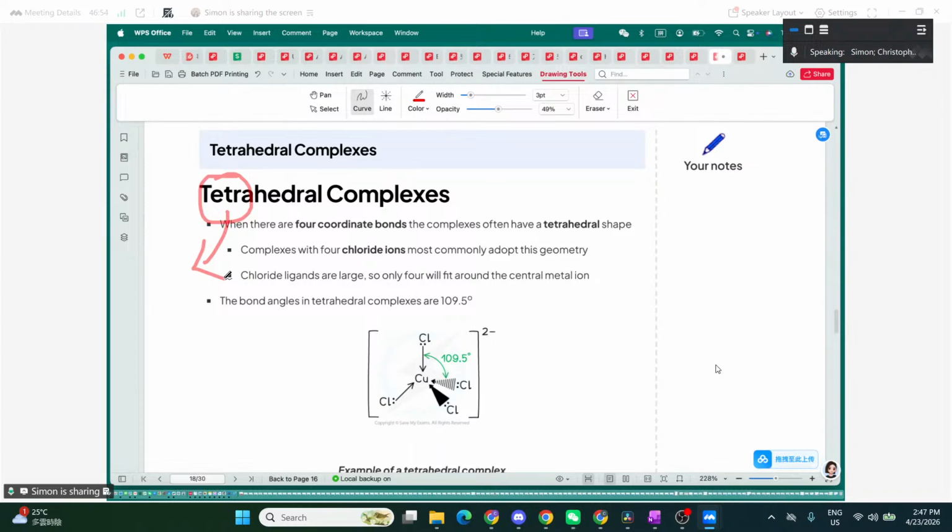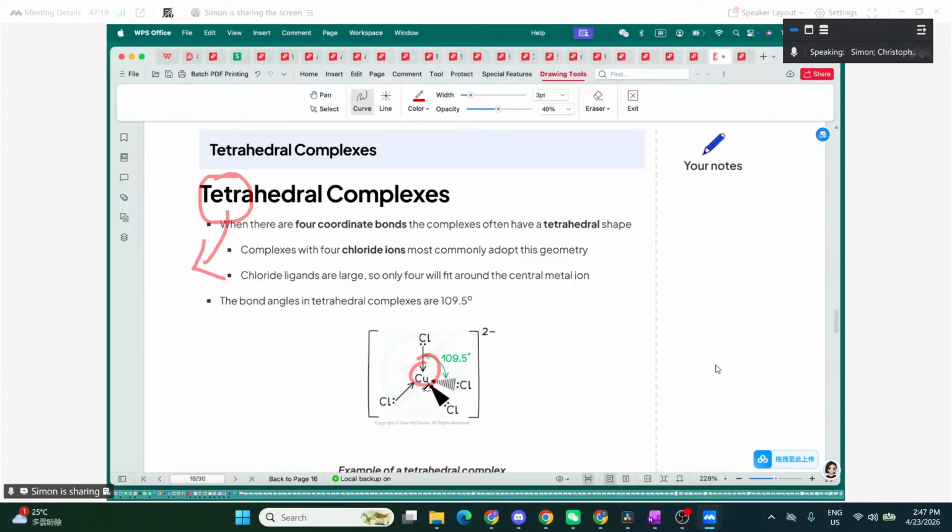This form we call the tetrahedral complexes. There are four coordinate bonds, and the angle between every single bond is 109.5.